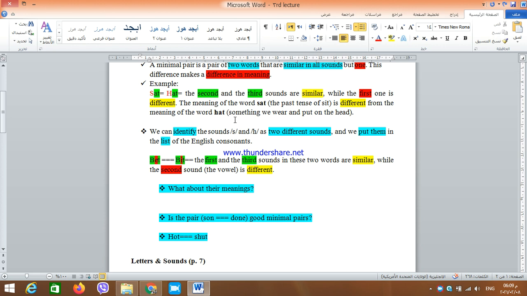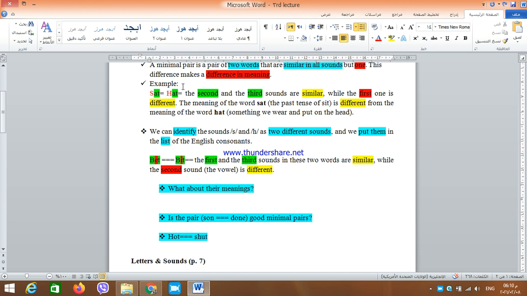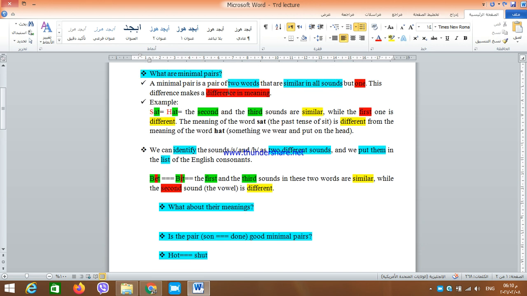Let's take an example to clarify. We have these two words, sat and hat. So we are going to use this definition to check whether these two words are a good minimal pair or not.